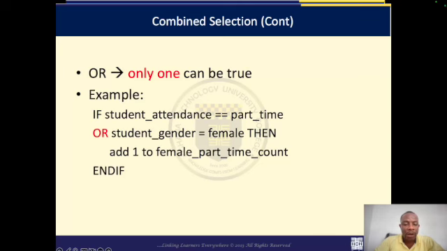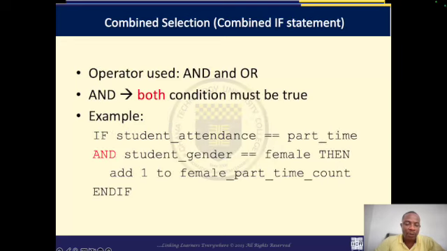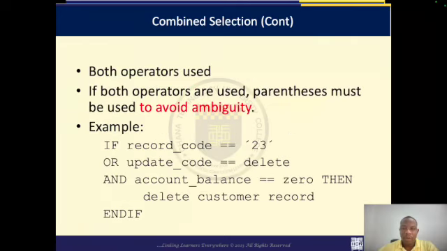The action will only not be taken if both of them are false. So when you use the OR logical operator, remember that it is only when the two logical statements are not true that the action will not be taken. But if you use the AND logical operator, it is only when the two logical statements are true that the action would be taken.